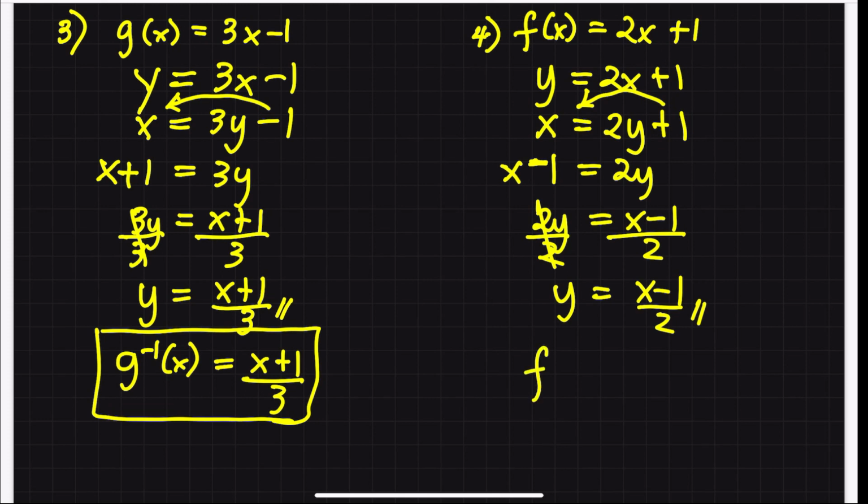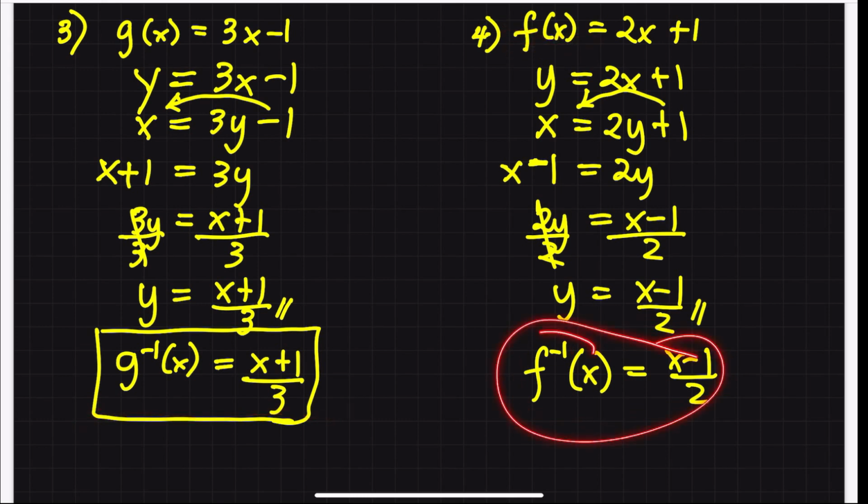So, f raised to negative 1 of x is equal to x minus 1 over 2. So, ito ang inverse ng f function natin. So, inverse ang basa dyan. Inverse of f function, inverse of g function. So, ganyan lang kasimple yung pamamaraan ng paghahanap ng inverse ng isang function.